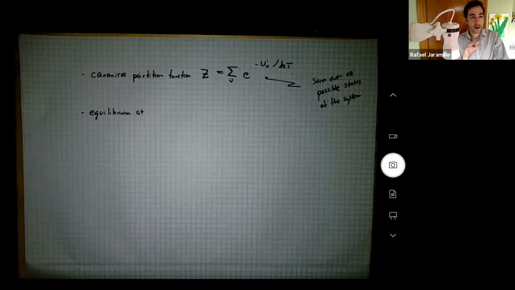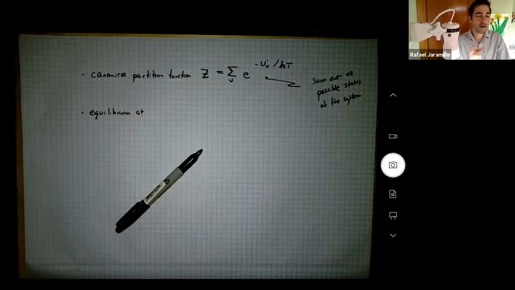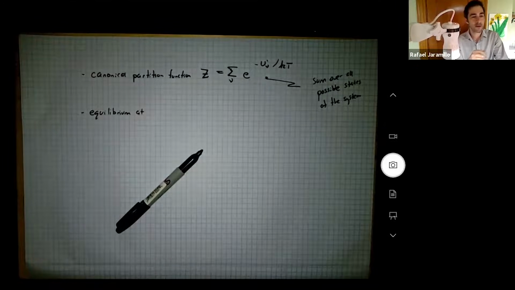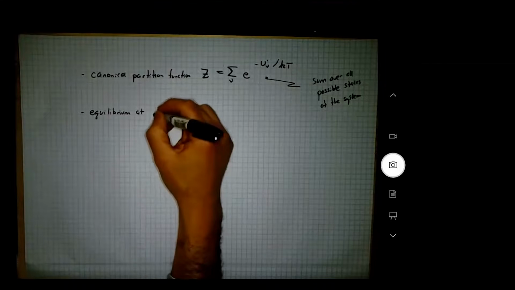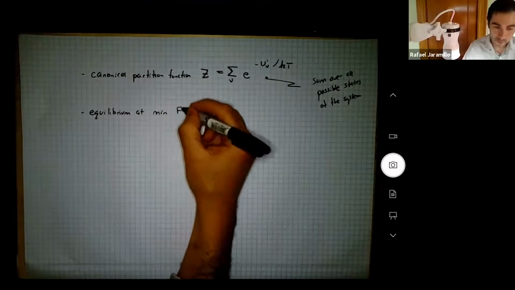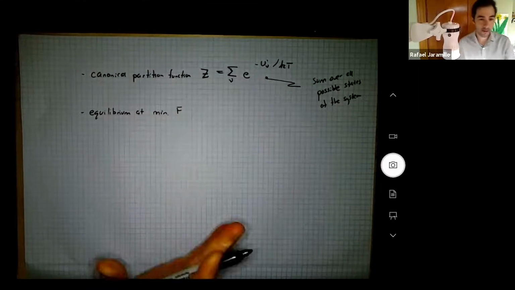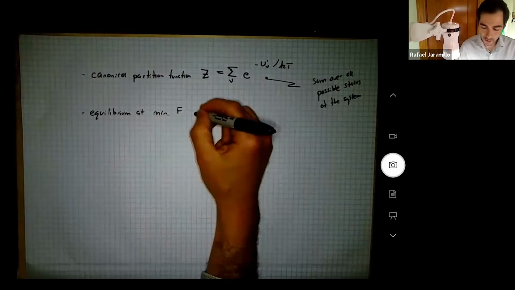But there was another case, which we haven't spent a lot of time on. It was equilibrium at fixed volume and fixed temperature. Do you remember what thermodynamic potential we use when we have a system at fixed volume and fixed temperature? Is it Helmholtz? Helmholtz. Equilibrium at minimum F. Again, we haven't used that in this course basically.